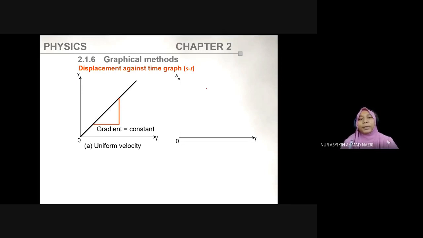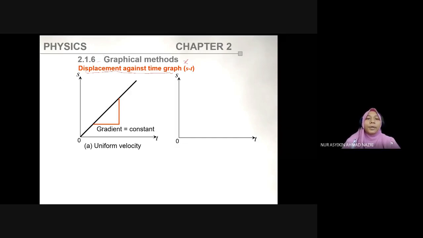So macam mana kita nak cerita ke orang about the motion of a car on the road tu kan, dia jalan. So berapa, contoh 10 meter, okay, within 2 seconds. So how we are going to represent this motion? Using graphical method. So we have this graph. I introduce you the first graph, which involves displacement against time graph. S jadi X.